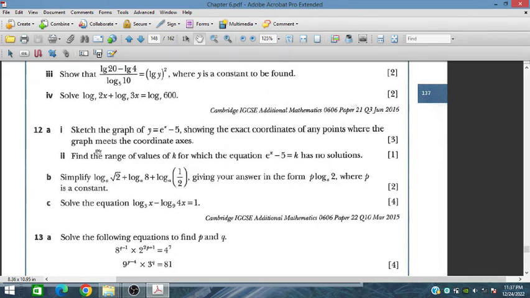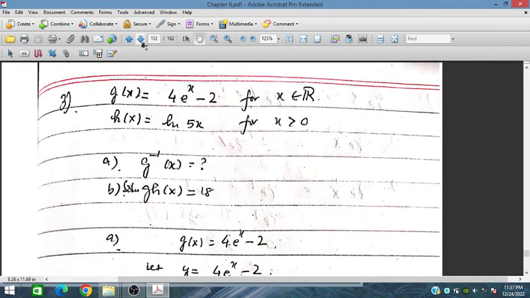In the second part we have to give the answer in the form of a single log, and in the third part we have to find the value of x. So let's go to question number 12.